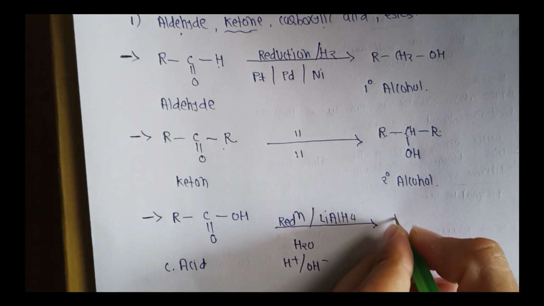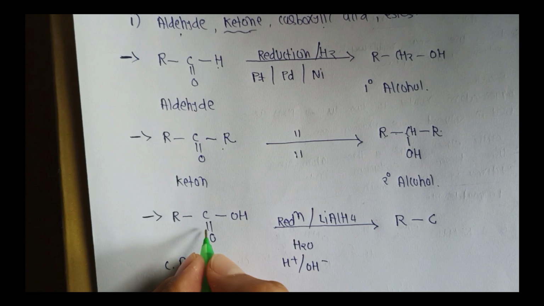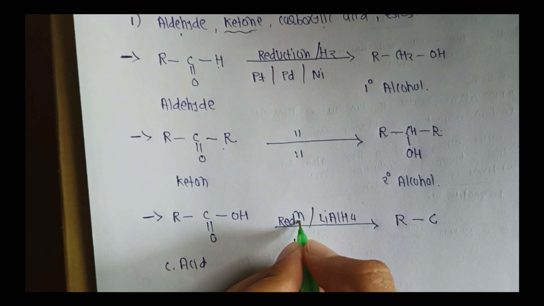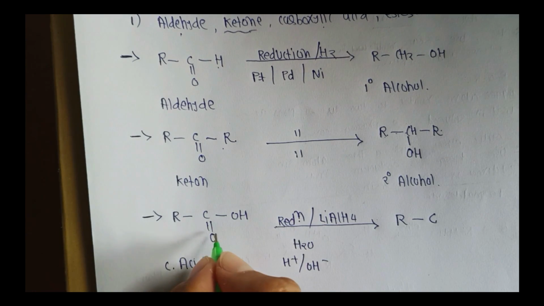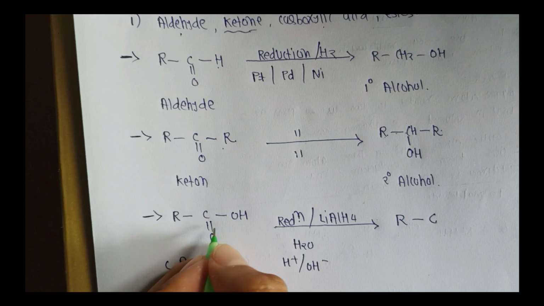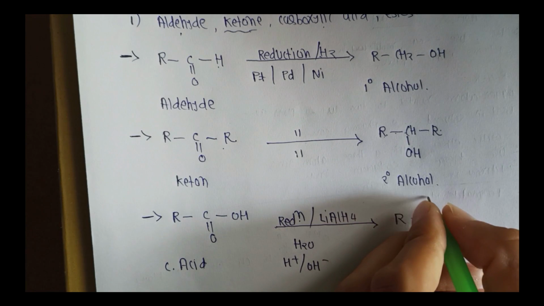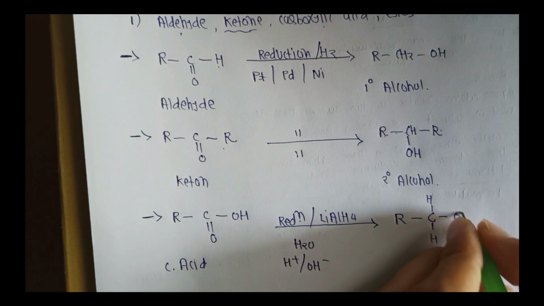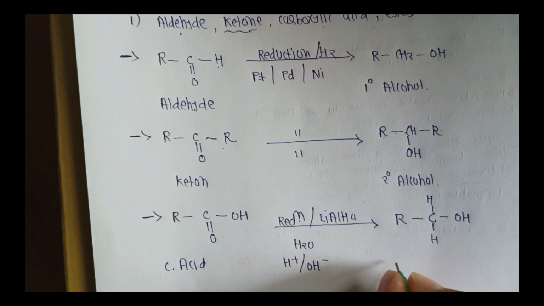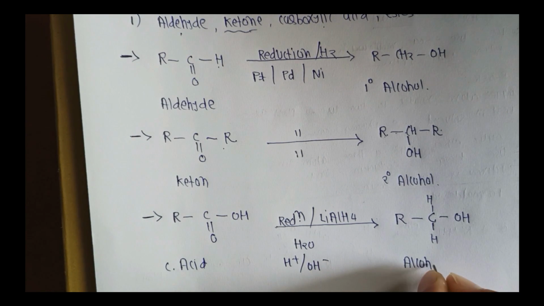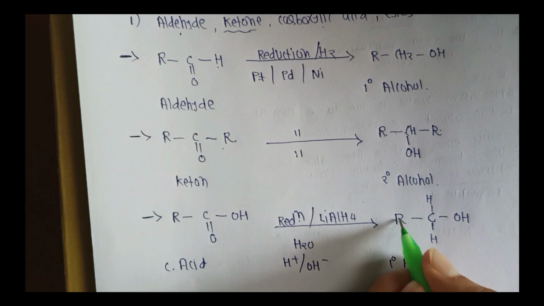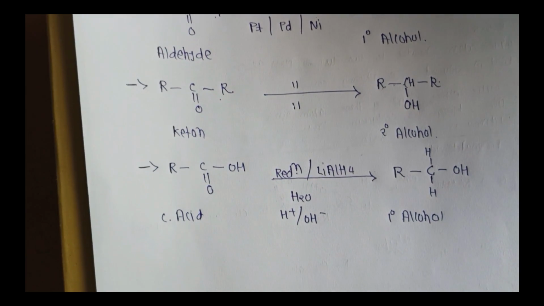In this reduction, oxygen is removed, because reduction means oxygen removal or hydrogen addition. In carboxylic acid oxygen is removed and a hydrogen atom is attached, and this is also an alcohol. This is the primary alcohol. Why? Because one R group is present.